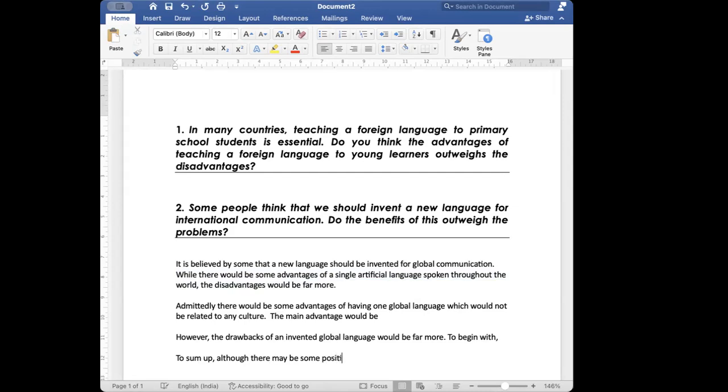Some positives of having a new global language. So for the word supersede, you can write would be more than them, would outweigh them.